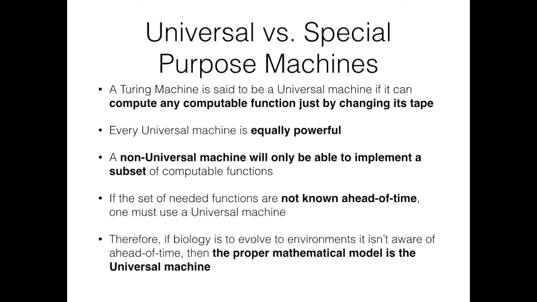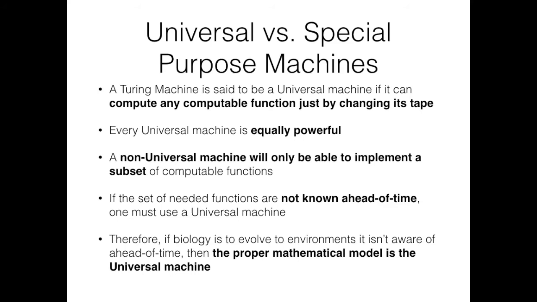So if we keep the state transition table and we can just change out the tape to get a new program, then that is a universal Turing machine. Okay? And every universal machine is equally powerful. Okay? They can all implement the same set of functions. They can actually also implement each other. So you can say this area of tape we're going to interpret as if we were this machine over there.